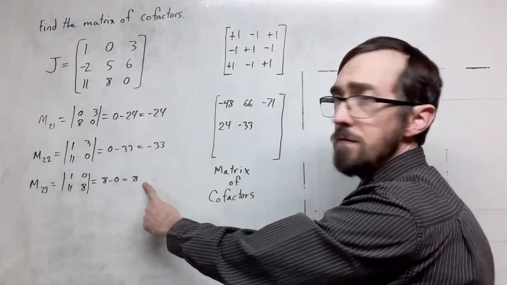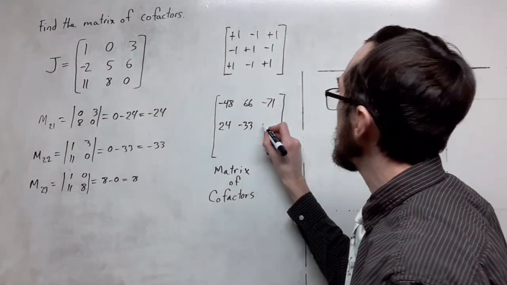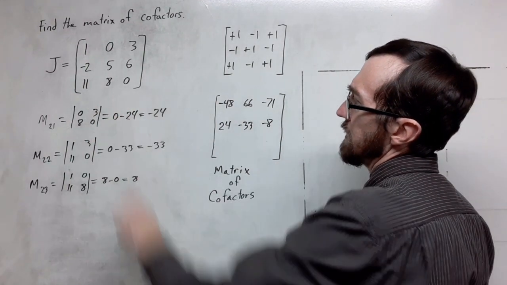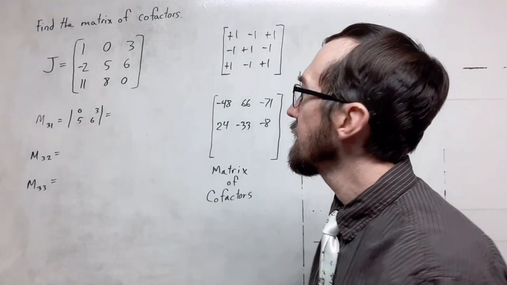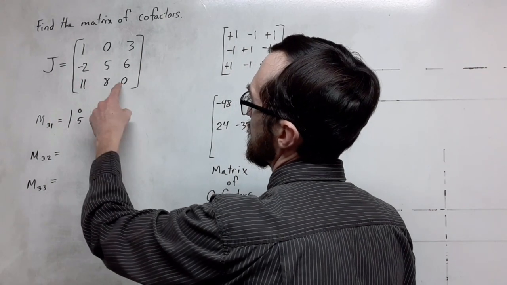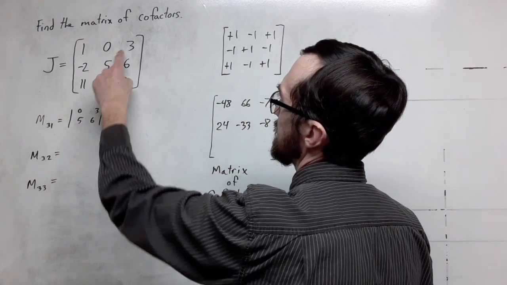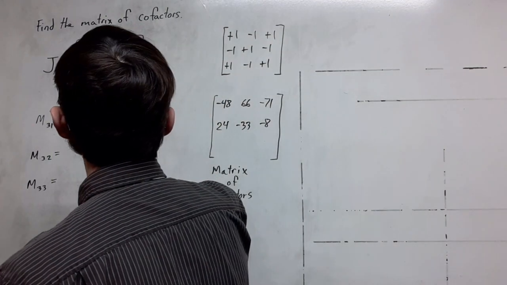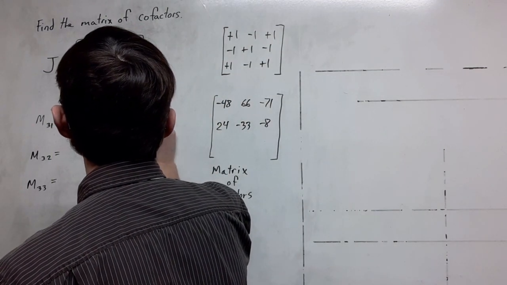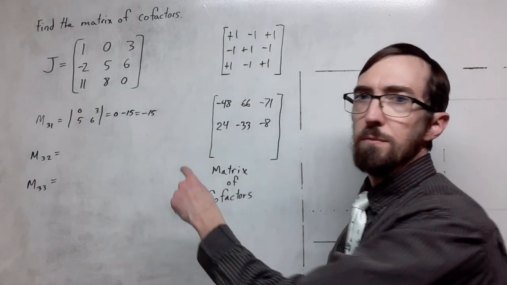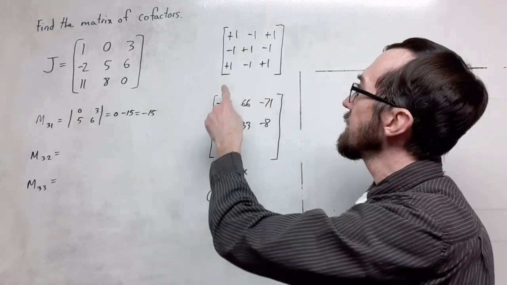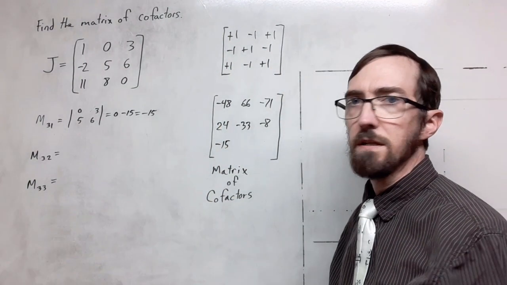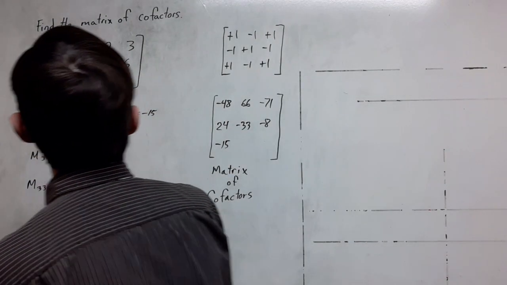We get the determinant of 8, and we multiply by a -1 to have a cofactor of -8. Now we're going to move on to the third row. Eliminating the third row, first column, we have 0, 3, 5, 6 as our minor, and we need to find the determinant of that. We find the determinant is -15, and we will multiply it by the +1 here to have a cofactor of -15.